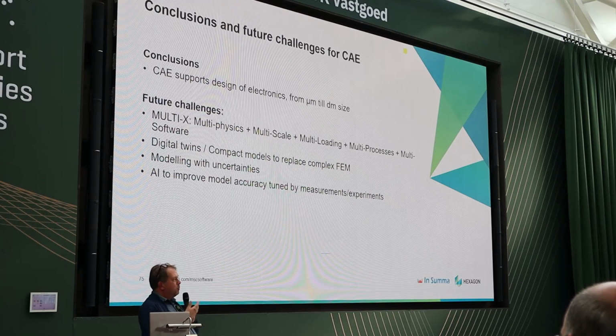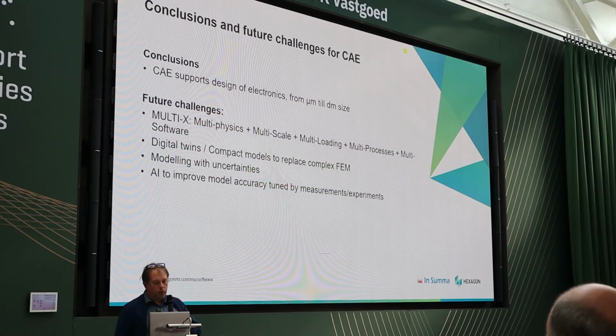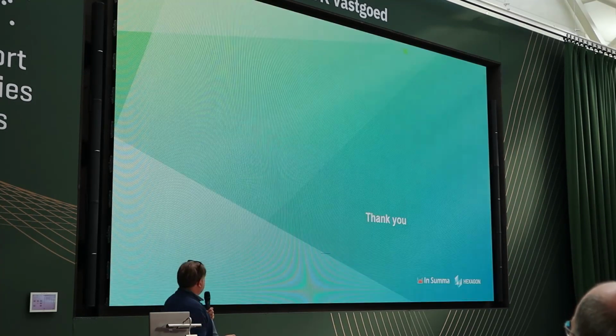But you could do this in a more automated way, so that I just do some measurement on a component, I don't really know what is inside, but I know the deformations. I put these deformations in a simulation model such that I have a model that can be put in a larger model. Doing this in an automated way is also what we see as a future challenge. So here I come to the end of my presentation. Thanks.